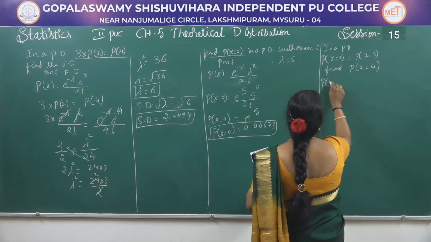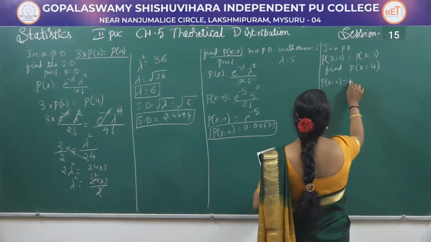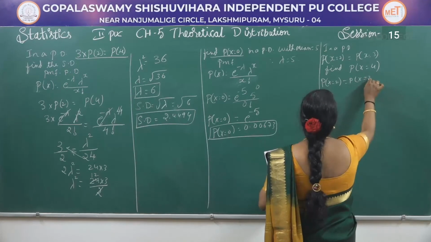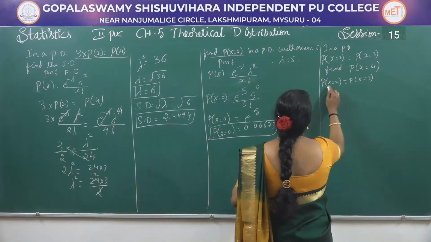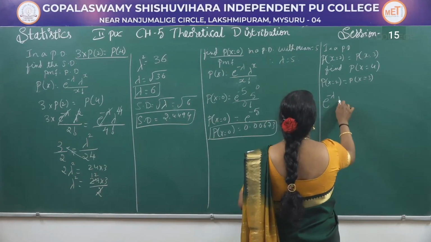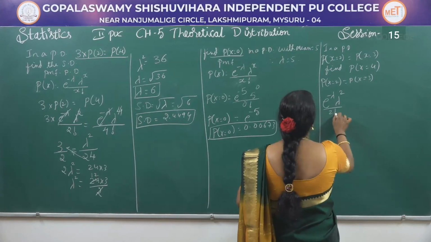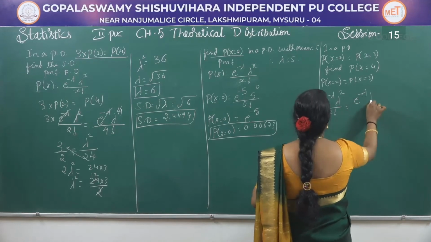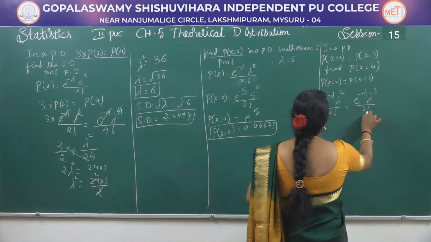First, I'll take this one, P of x equals 2 is equal to P of x equals 3. So, PMF, we have to write the PMF. e power minus lambda, lambda power 2 by 2 factorial is equal to e power minus lambda, lambda cube divided by 3 factorial.